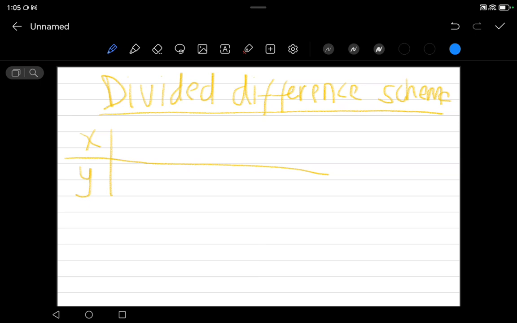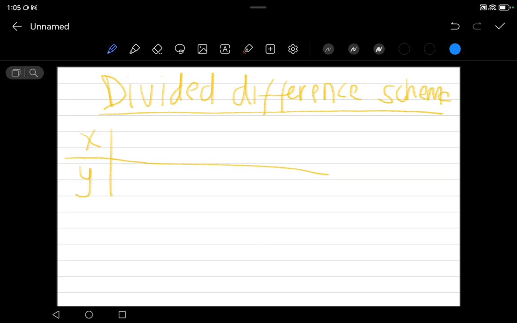We're going to do number 4. It says deduce the divided difference polynomial from the scheme of the data given and then approximate f of 2. So let's do activity 2.1 number 4.